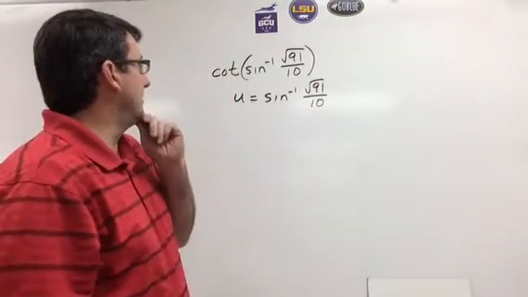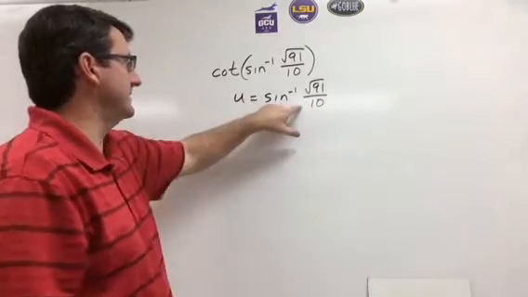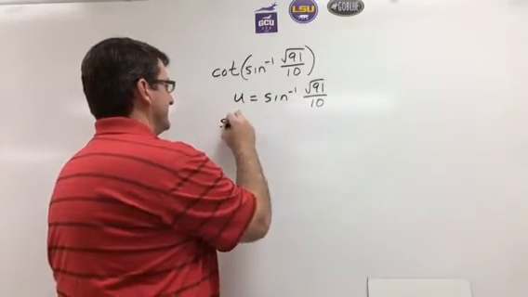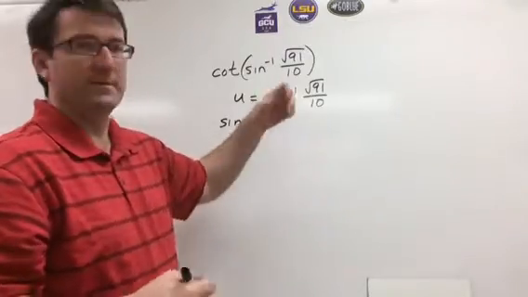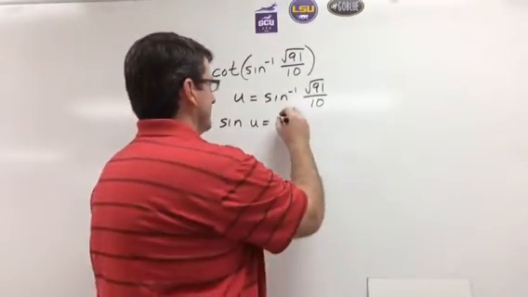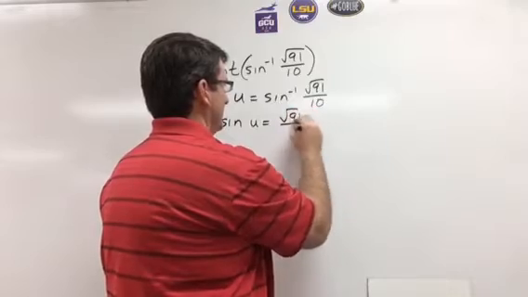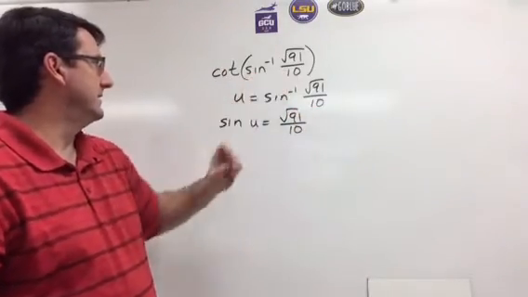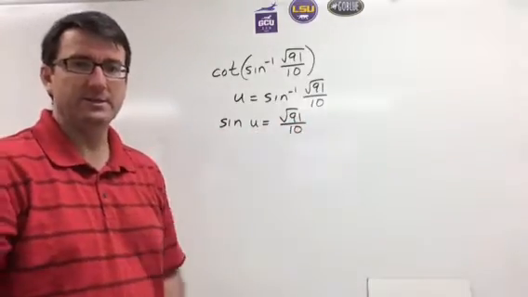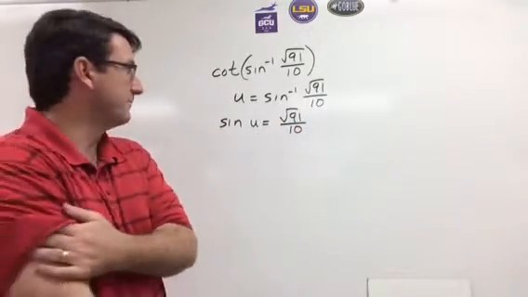That means if we take the sine of both sides, the sine of u is equal to, well, sine of the inverse sine, those cancel each other out, so you just get the square root of 91 over 10. So if u is all of this, then the sine of u is just the square root of 91 over 10.